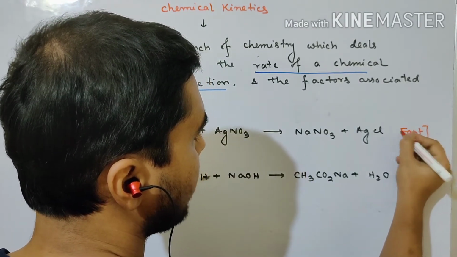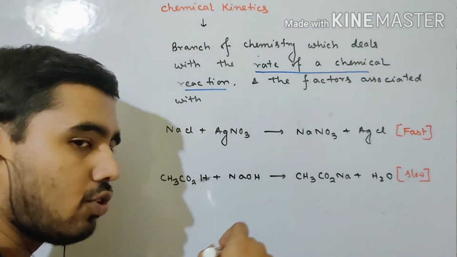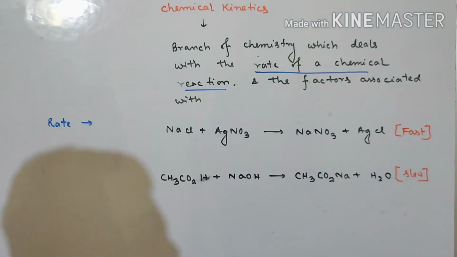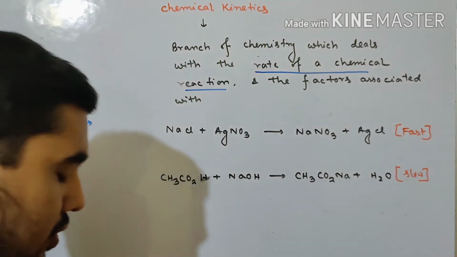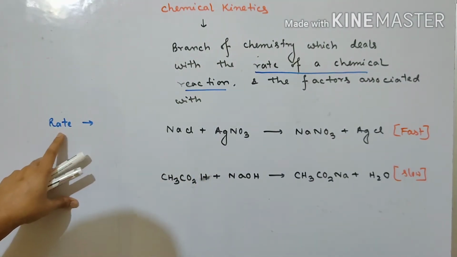It is a faster reaction and the other is comparatively slow. So we are now discussing the speed of the reaction, which one is fast and which one is slow. Since we have already mentioned the speed of the reaction, the speed depends on rate. So let us now understand what is the rate of the reaction.